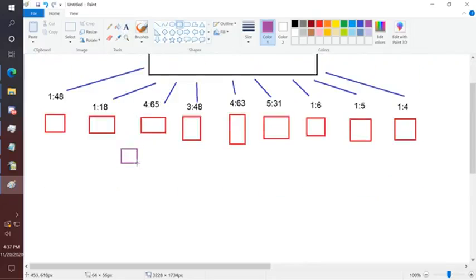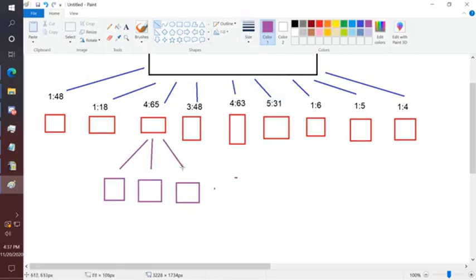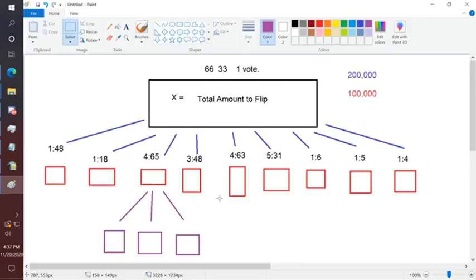We'll do the 4 to 65 because that's like the weirdest number. So this is what Dominion does. It says I'm going to split this into 3 precincts. And I'm going to change the amount of votes that come in.